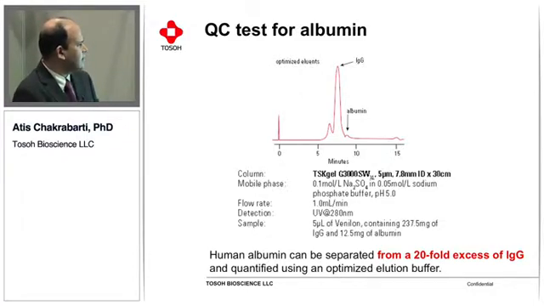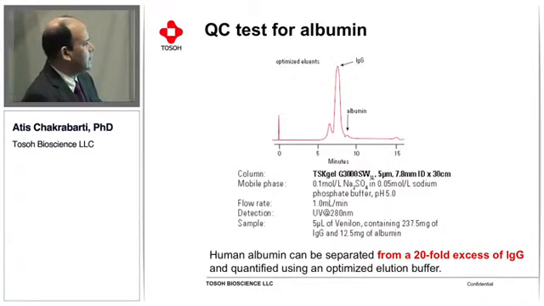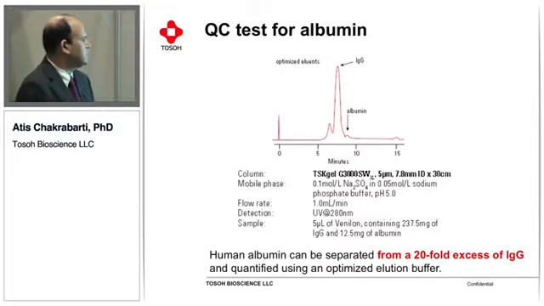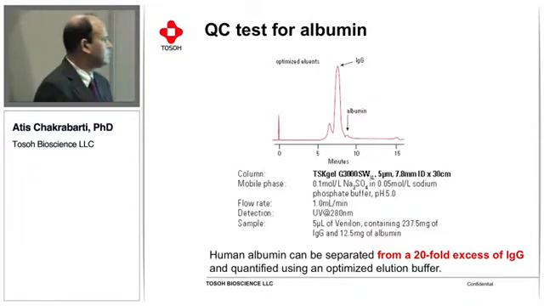Actually, as you see, this is the human IgG and it can be separated from the albumin, even at 20-fold excess of IgG, under this chromatography condition, which is a very common condition for the separation of the monoclonal antibody. Next slide please.